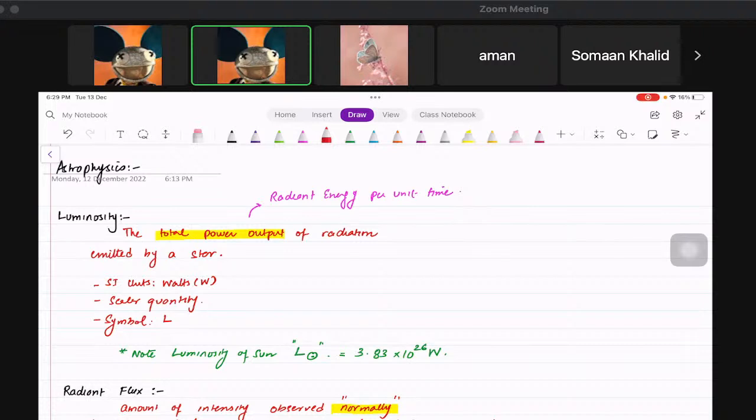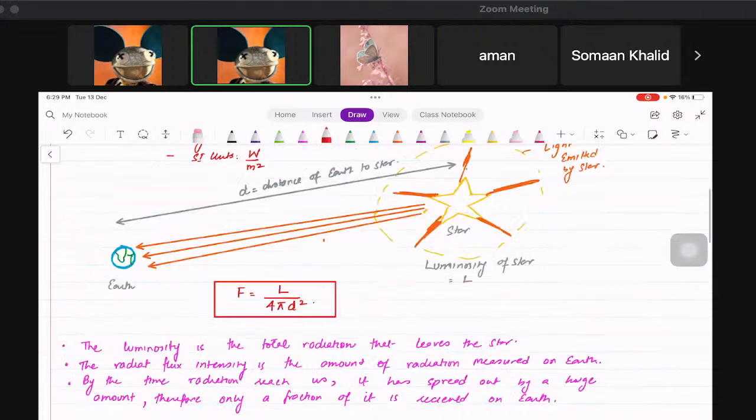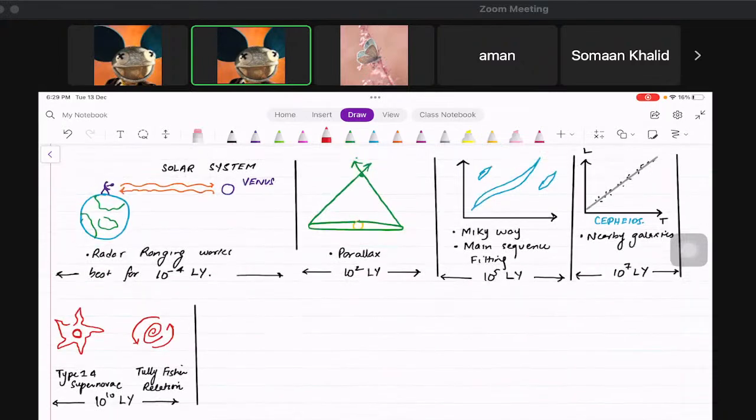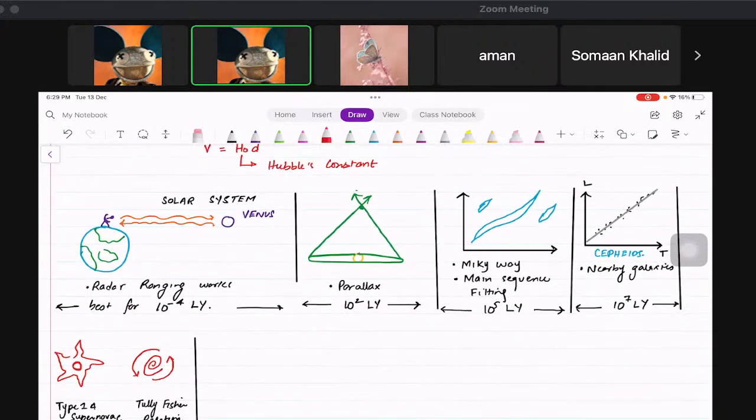Because we know the radiant flux is the amount of intensity observed, so it's energy per unit time. We can find it through different spectrums. But how do we really find luminosity? That is related to two main laws.